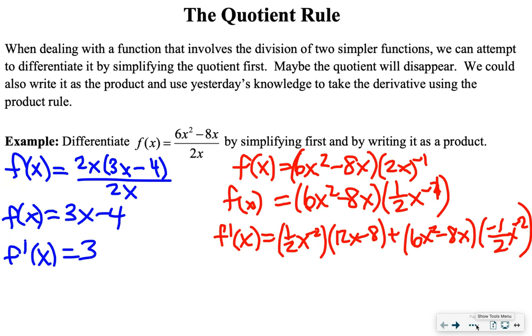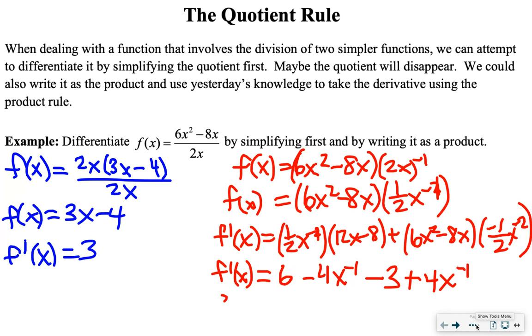Awesome. So let's simplify that a little bit. What do we got? Because that should be a 1. We got 6 minus 4x to the negative 1 plus, minus 3 plus 4x to the negative 1, which just leaves me with 3.